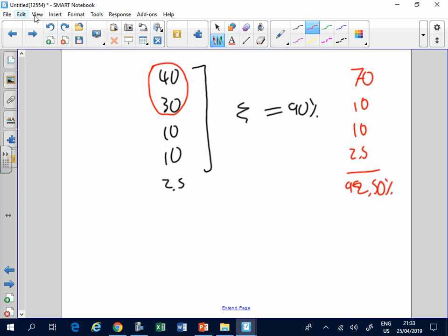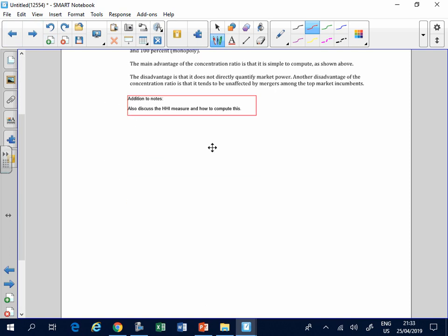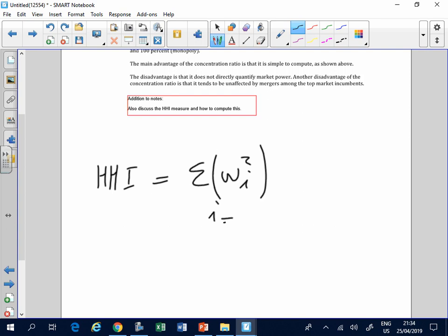And the very last thing for this evening is what we call the HHI measure. This is not in your notes, unfortunately, but you get to add it in. So, how does this work? The Herfindahl-Hirschman index is the following. It is the sum of the weight squared for each of the observations i through to j.